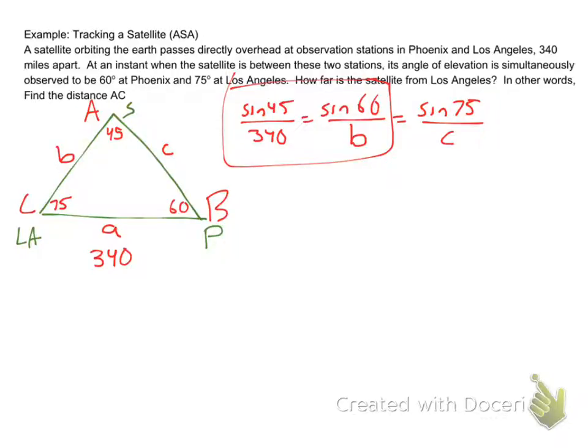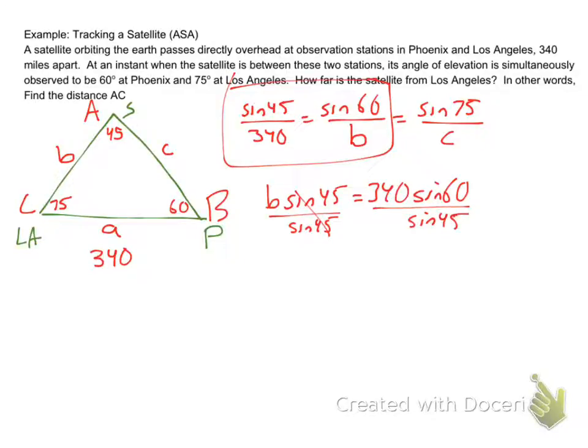So when I cross multiply, I'll have B sine of 45 equals 340 sine of 60. I think everybody should agree. And then divide both sides by sine of 45.